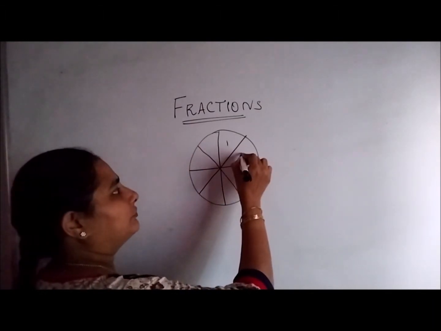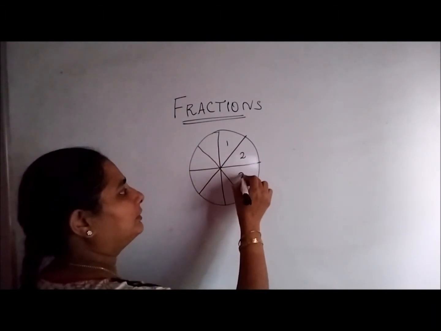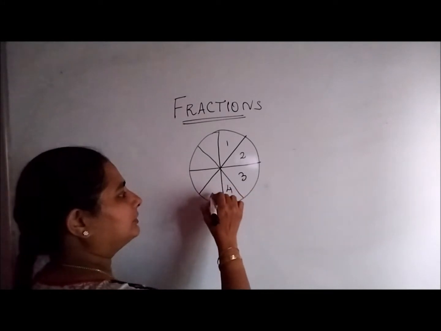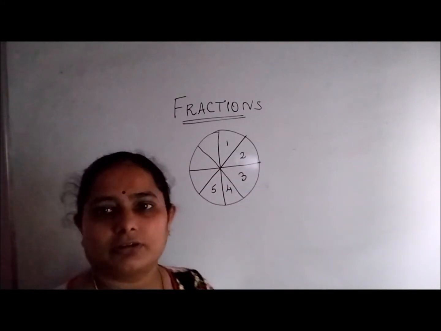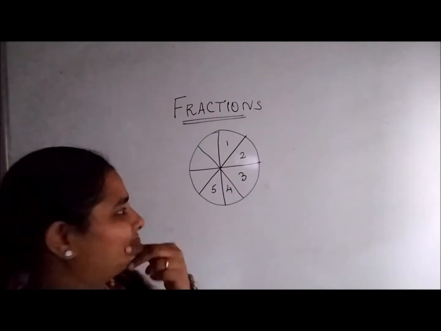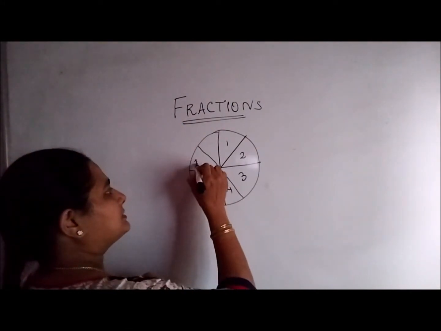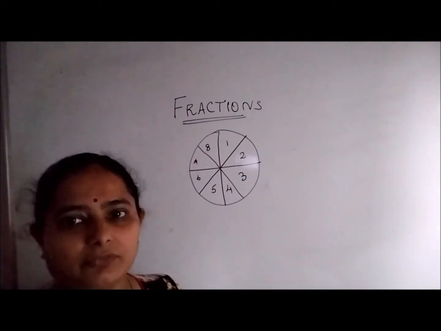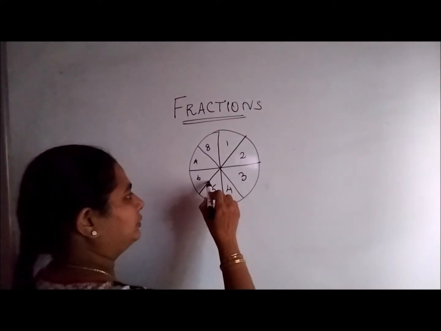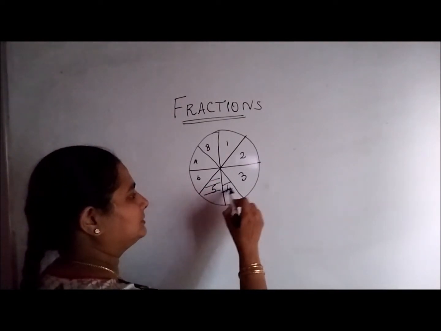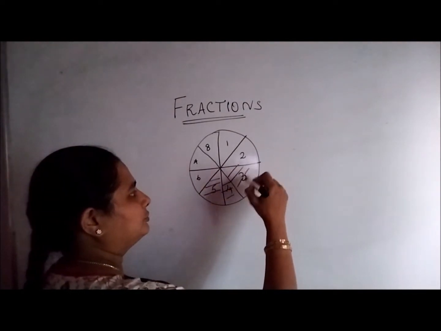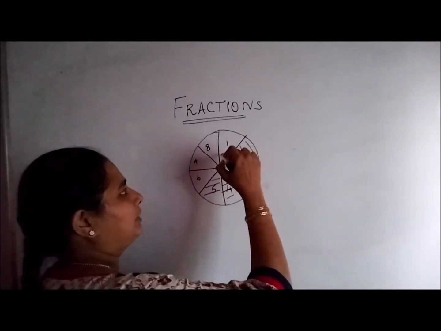1 for your father, 1 for your mother, 1 for yourself, 1 for your brother, and 1 for your grandmother. These 3 pieces are not used. So the used pieces are this 2, 3, 4 and 5.